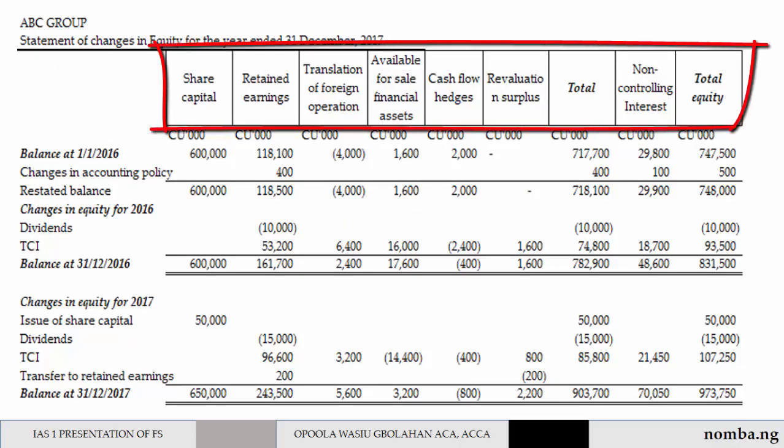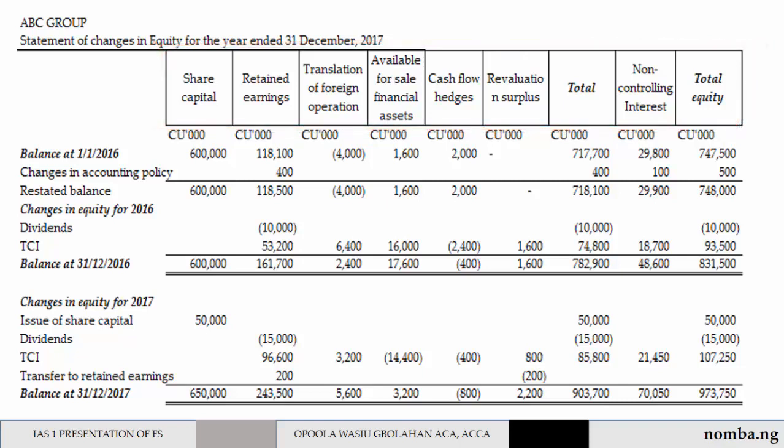All these items are components of equity. The share capital, retained earnings, exchange difference from translation of foreign operation, cash flow hedges, revaluation surplus, and non-controlling interest, all are components of equity.